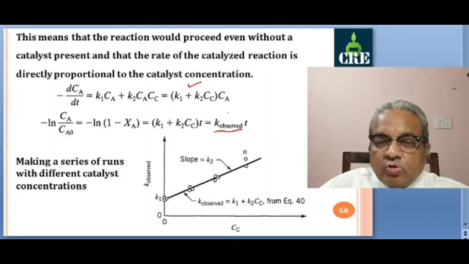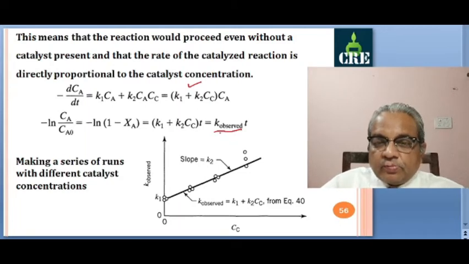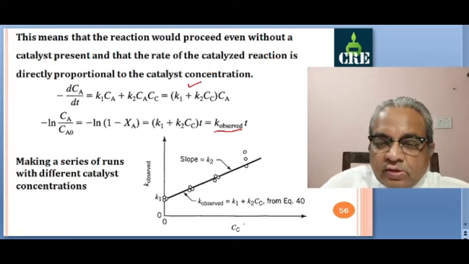So for one CC concentration you get one value. Let us say 1, 2, 3, 4, 5, some 10 values. So K observed 1 is for CC1, K observed 2 is for CC2, K observed 3 for CC3, and so on. And then you know K observed is equal to K1 plus K2 into CC, which is the concentration.